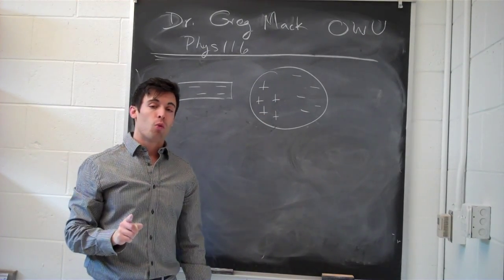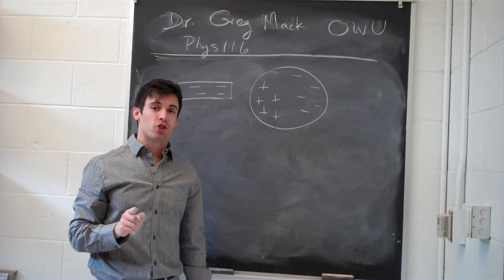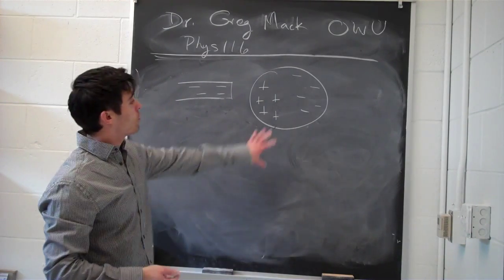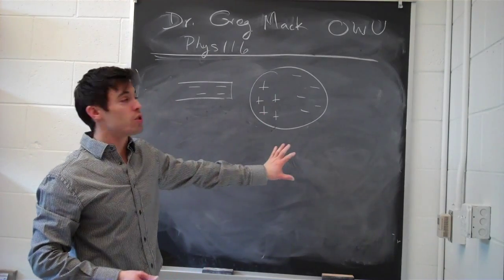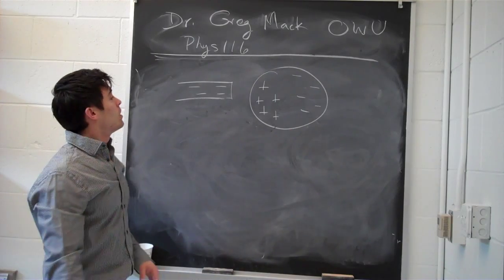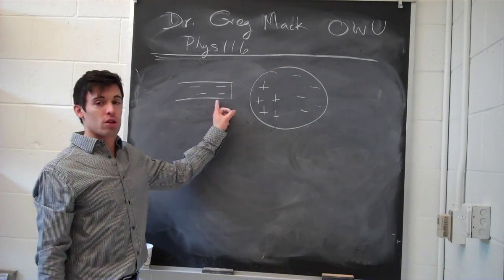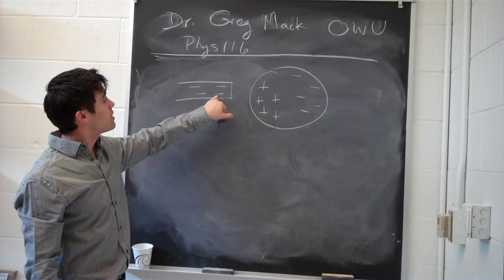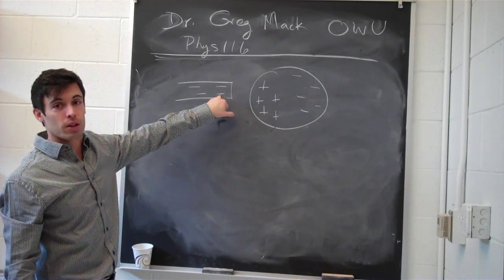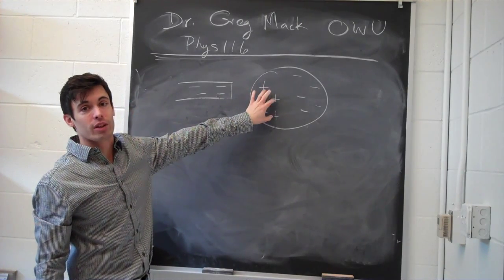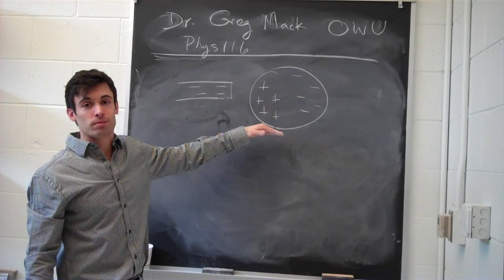By the way, one more thing about the universe is that charge is always conserved. You have to think about that. So there's no way for charges to move anywhere off of here, so you're still going to have a net charge of 0. Okay. So now if I were to touch this bar to this sphere, what's going to happen? These negatively charged electrons in here are going to see this space of a lack of electrons, and they're going to flow over.